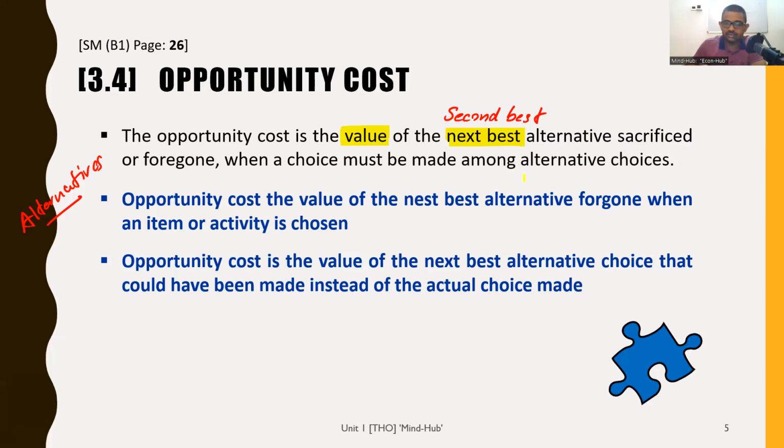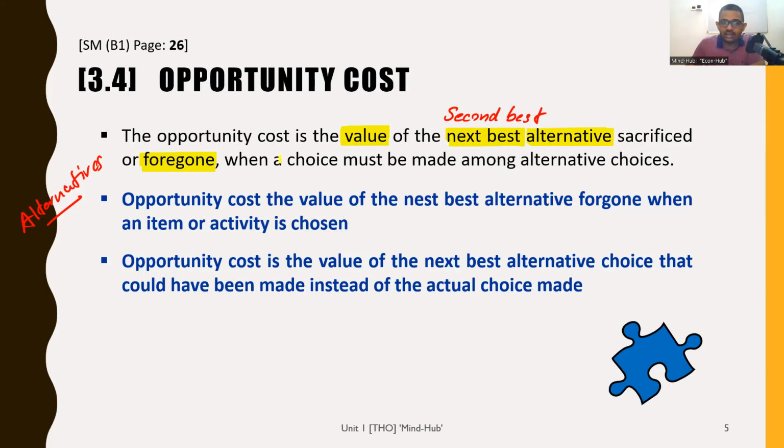Opportunity cost is created when we make choices amongst alternatives. A good word we like to use is foregone, given up, sacrificed. So it is the value of the next or second best option that we have foregone, the value we couldn't get because we didn't select it, because we chose something else.